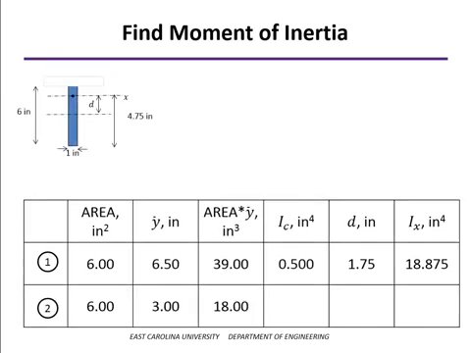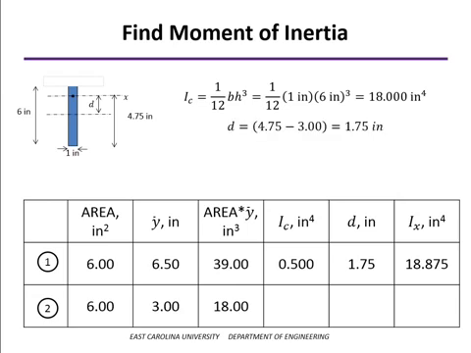Now we move to the web, and the moment of inertia about its own centroidal axis, 1/12 bh cubed. Of course, the base in this case is 1 and the height is 6, so that comes out to be 18 inches to the fourth. The distance between the two axes, again, we're just taking the number out of the table, the y bar value of that particular segment, minus the y bar of the entire segment.